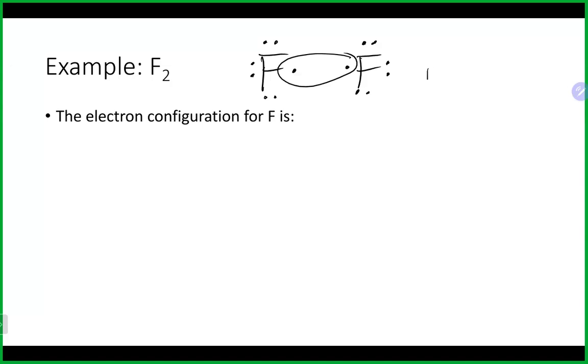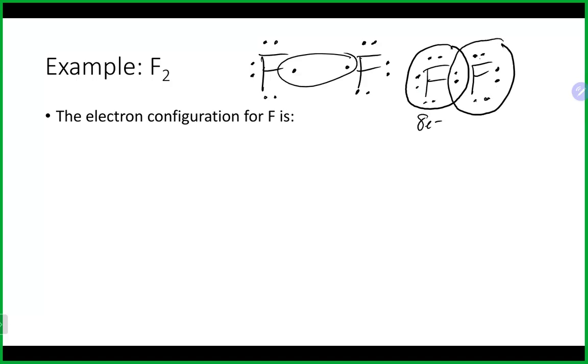So in this case, we could draw this. A little bit of action there and a little bit over here. And when we share those electrons in the middle, the fluorine on the left will now gain 8 electrons. And sharing those electrons in the middle with the fluorine on the right will also give that fluorine 8 electrons. Once again, on the periodic table, 8 electrons is noble gas, yeah?